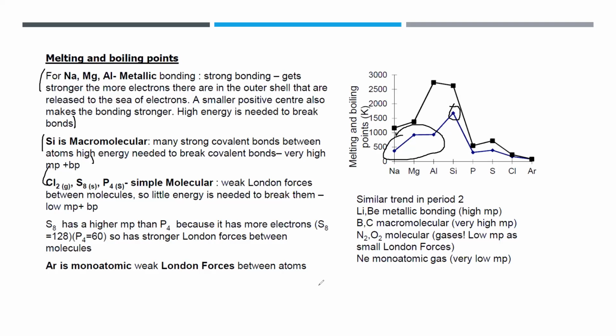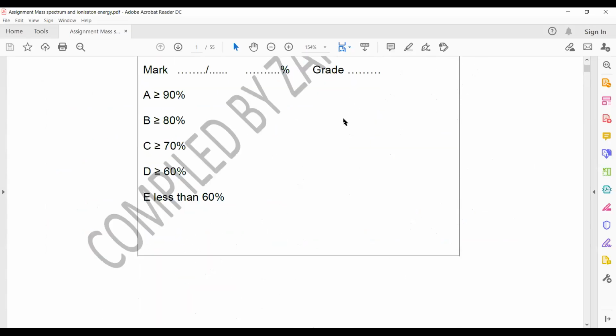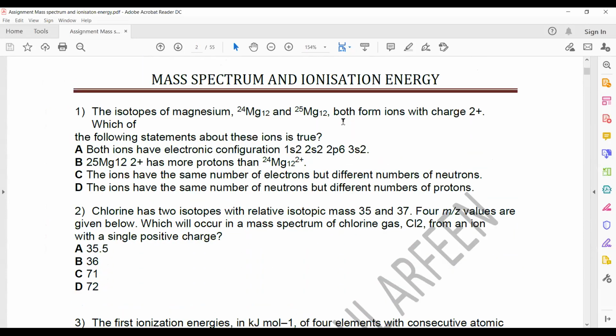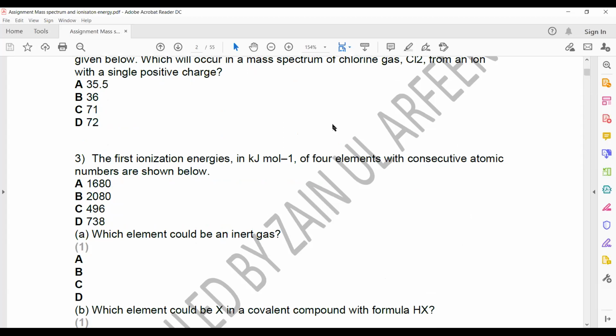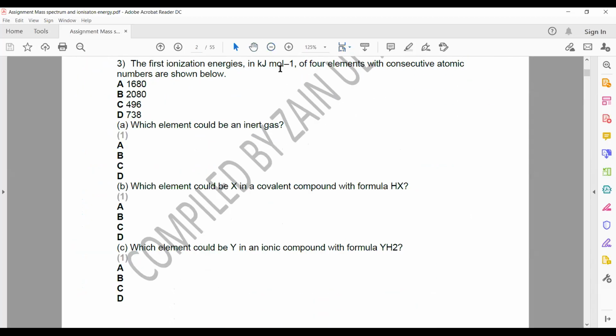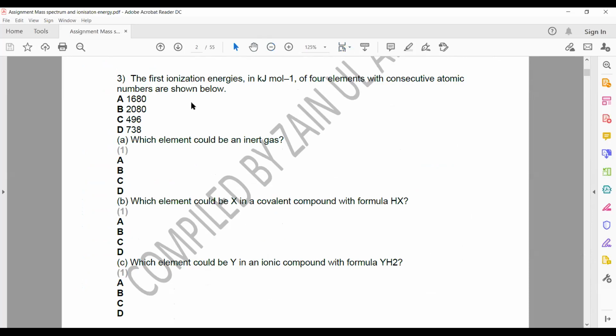Now we'll do some questions related to this topic, ionization energy. In question 3, the first ionization energy in kilojoules per mole for 4 elements with consecutive atomic numbers is given.